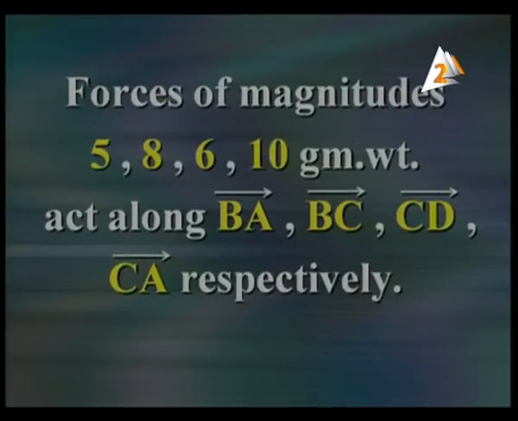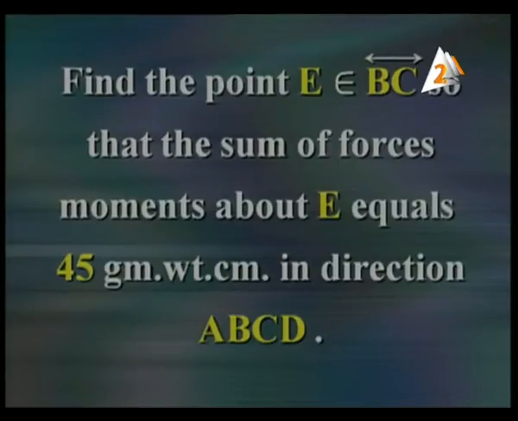Find the point E, which belongs to straight line BC, so that the sum of the forces' moment about E equals 45 gram weight centimeter in direction of A, B, C, D.